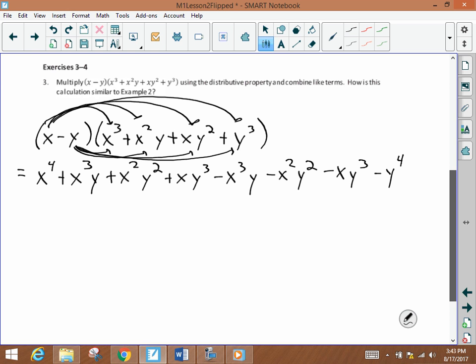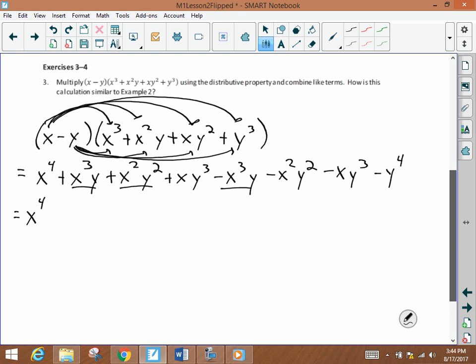Let's combine like terms. Is there another x to the 4th term in there? Nope. We'll just drop it down. Is there another x to the 3rd y term? Heck yeah. And those are going to cancel out. So, right, it's 0 when I combine those. So we're not even going to bother to write it down.